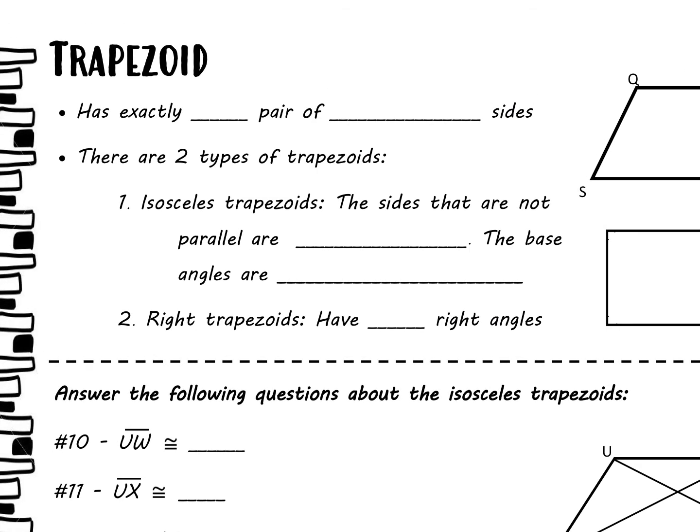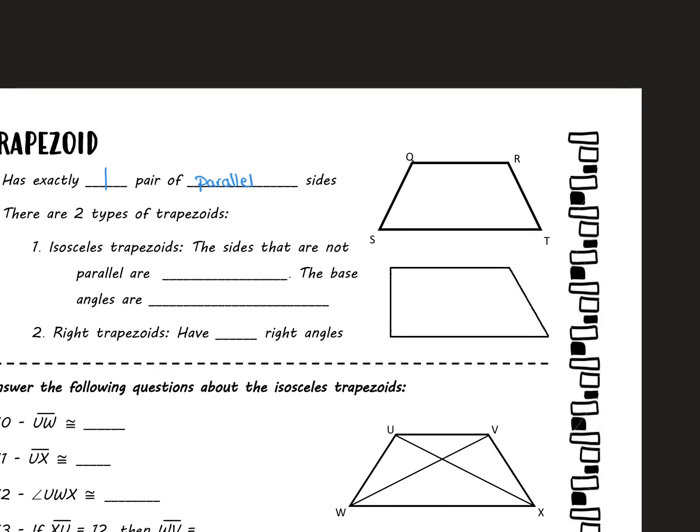All right, next page. When we're looking at trapezoids, which is the next shape, a trapezoid is going to have exactly 1 pair of parallel sides. All right, and so we're going to be talking about 2 different trapezoids.